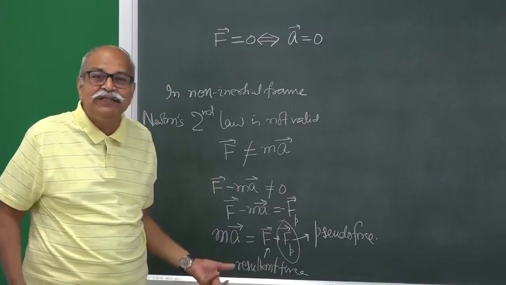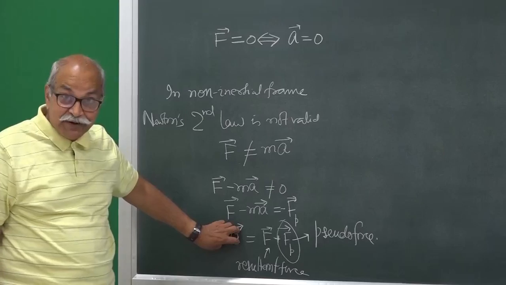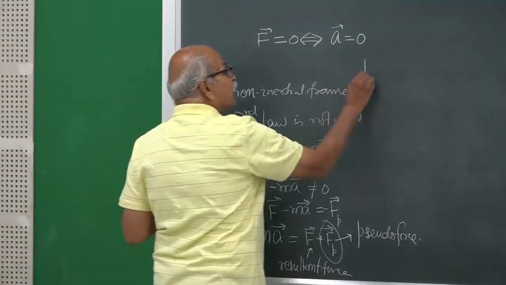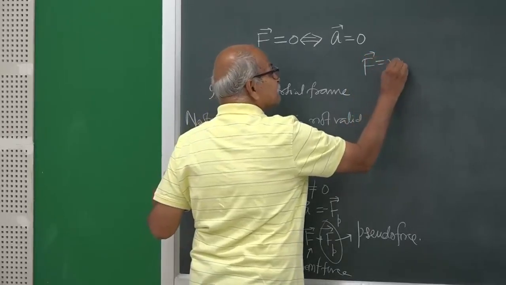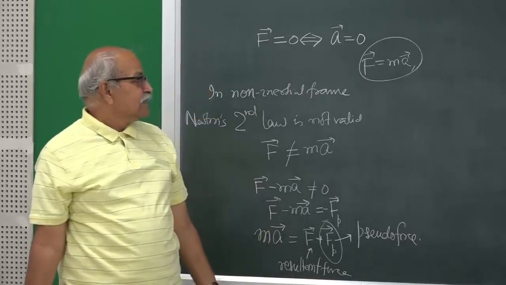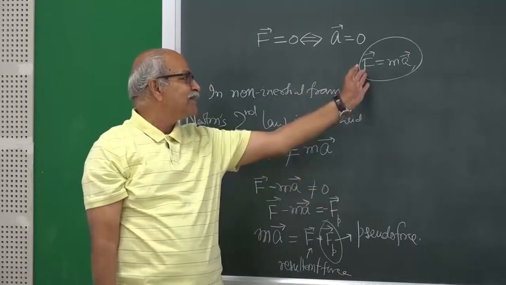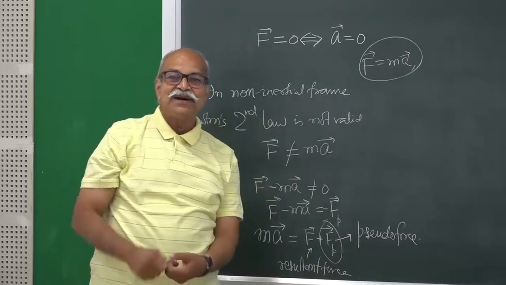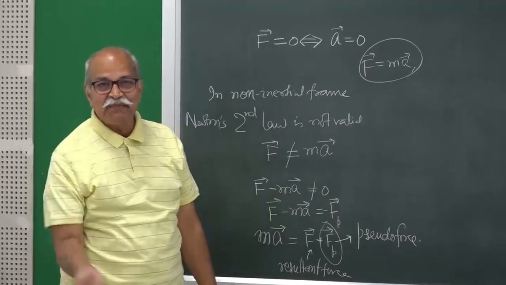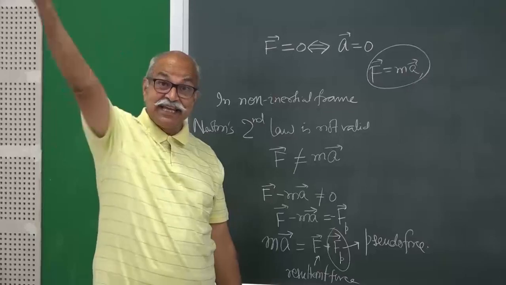And why are we so interested in making it equal? This is because we have learned all the techniques of how to solve this F equal to ma. We have done hard work to understand that in a given situation how do I apply this F equal to ma, and from there how do I get the path of the particle, position of the particle, velocity of the particle, acceleration of the particle at any given time.